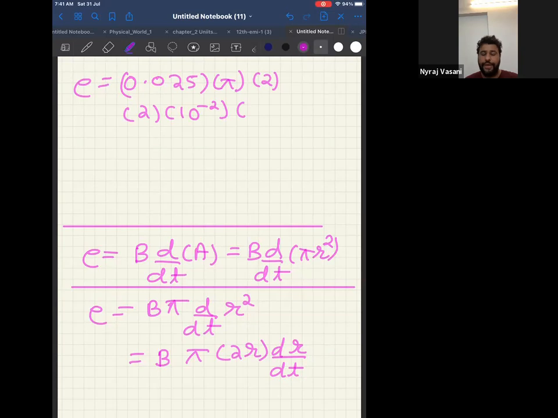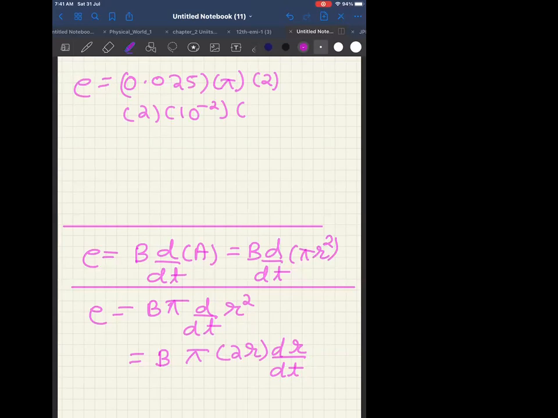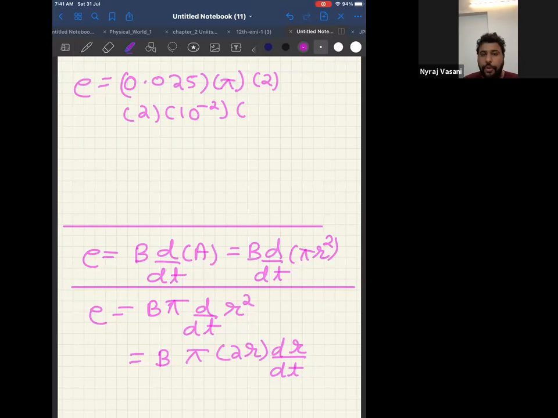It is 0.025. I checked the module, so the answer will not come. I think in the module it is 0.025. Check once. Yes, sir. So 0.025 will be 0.025, correct? Or it is some printing mistake. I think it is 0.025, sir. Check once.